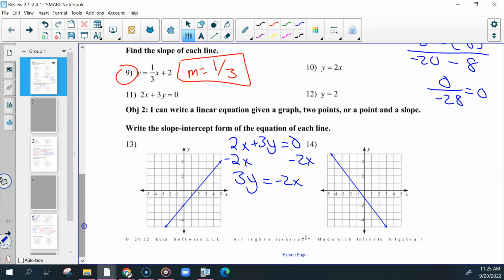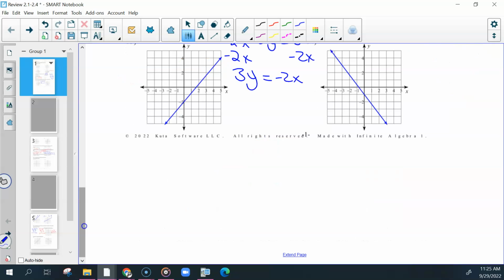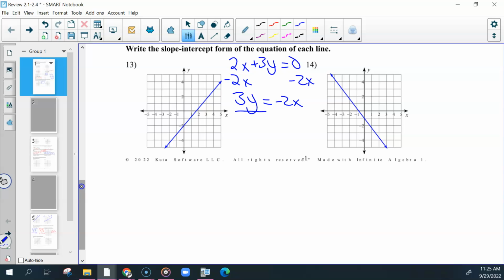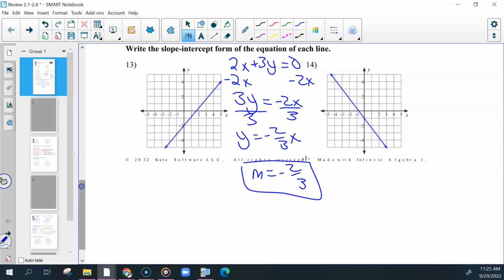And then get y by itself by dividing. But that doesn't answer our question. We still have to say what our slope is. So it would be the number in front of x. So m equals negative 2 over 3. And that would be our answer.